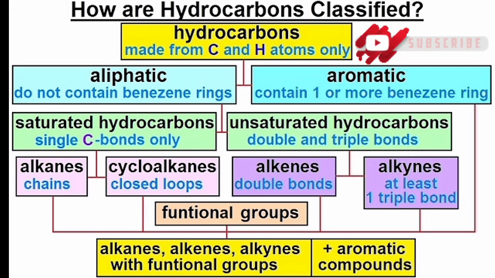The meth or the eth or the prop or the but and so on is the number of carbon atoms that compound has, and the ane if it's an alkane, or the ene if it's an alkene, or the yne if it's an alkyne, comes from the family name.